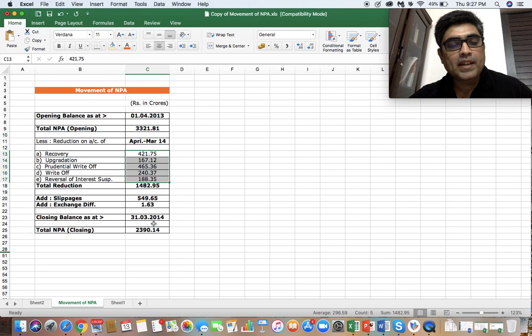So the closing balance as on 31st March 2014 gets to be 2390.14, right? So this is how a bank at their end calculates the extent of NPA movement within the year. So I hope it is of interest to you and it has added some value.